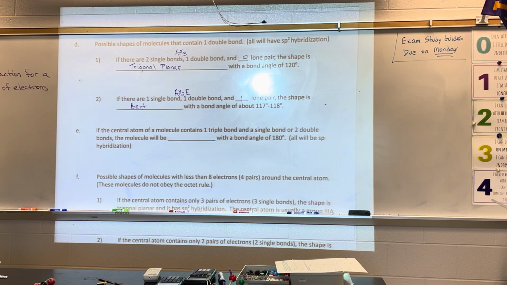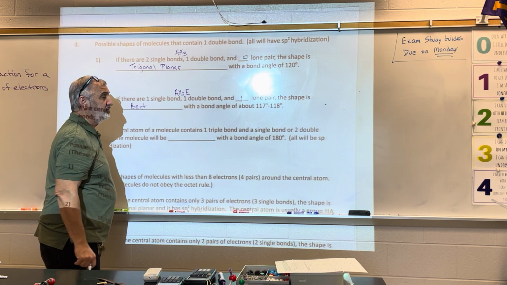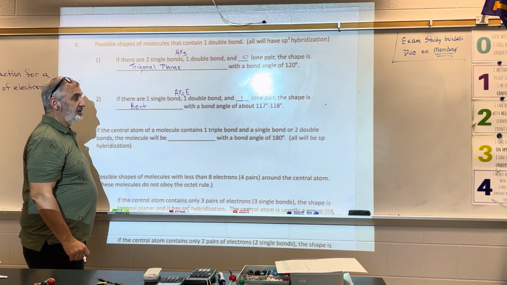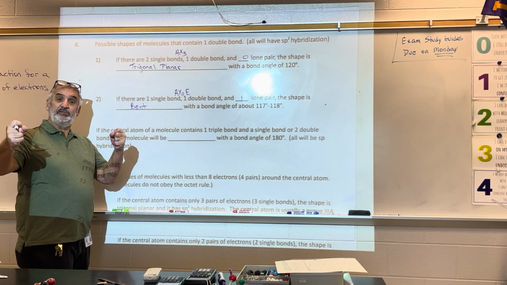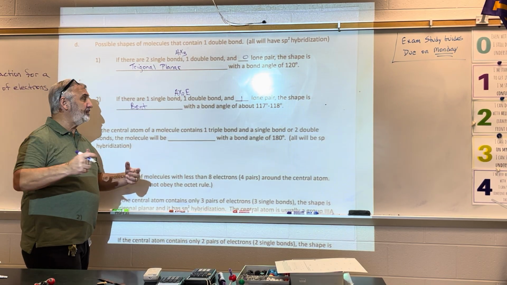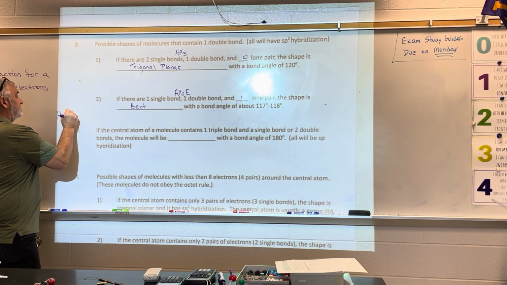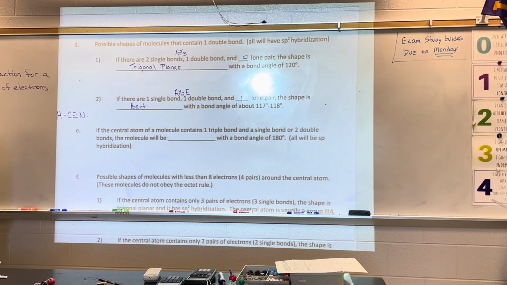And then lastly, if it's a triple bond and a single bond, or 2 double bonds, what's my AX formula going to be? A triple bond and a single bond is how many bonds total? How many things bonded to it? There's 4 bonds, but how many things are going to be bonded? If it's a single bond and a triple bond. What's my AX formula? AX2, right? Or if it's 2 double bonds.